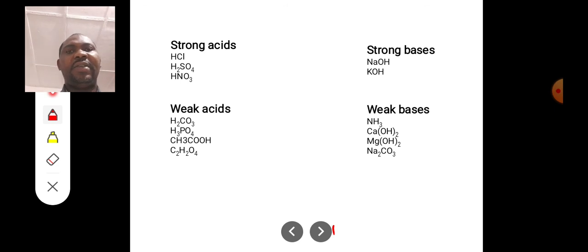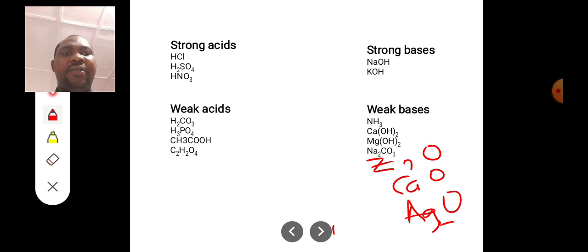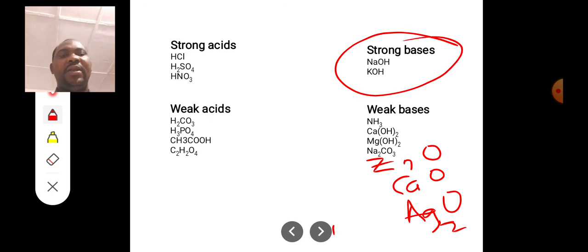Don't forget that bases are metallic oxides or metallic hydroxides. So I can even add things like zinc oxide, calcium oxide, silver oxide, and so on. They are all weak bases. We have only two strong bases, which are sodium hydroxide and potassium hydroxide.